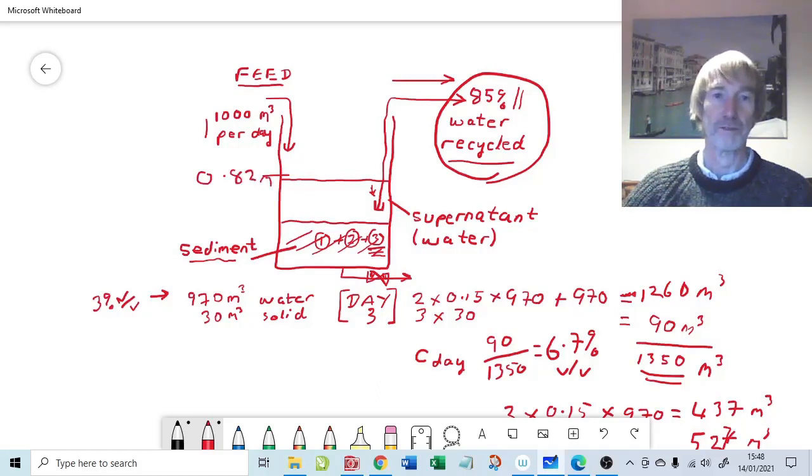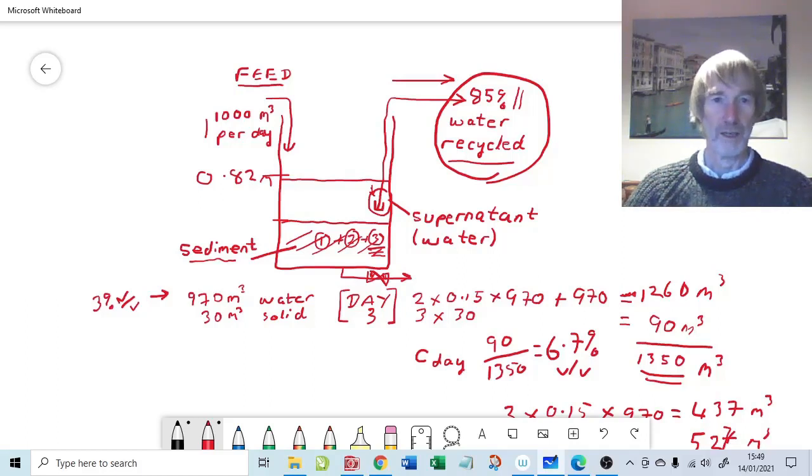It's not good enough, because if you're pumping 1000 meters cubed per day into the tank, it would be sloshing about quite high, and we're looking at a height down here of, I think it was about 0.12. No, this system here, designed to take the supernatant off, doesn't have that higher level of precision. We can't work to that higher level of precision.